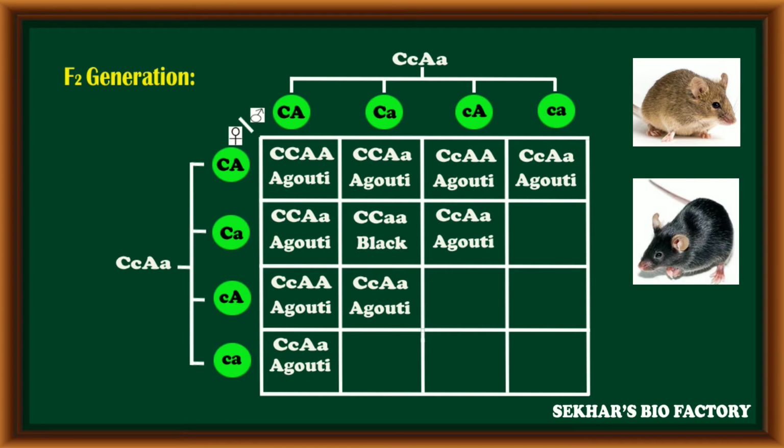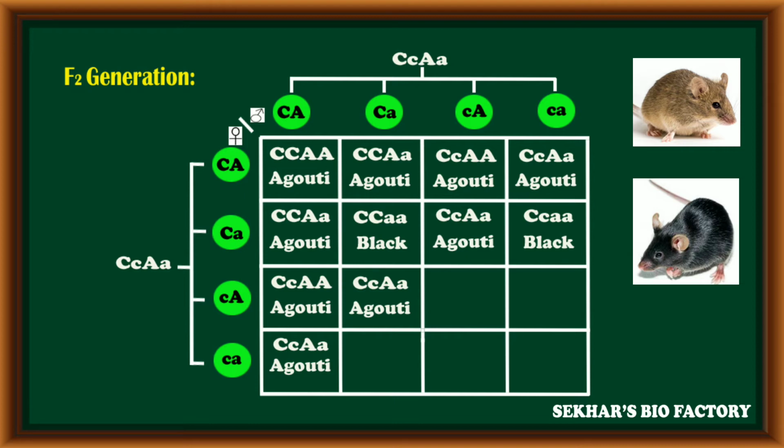The next combination has the first gene in homozygous condition and the second gene in homozygous recessive condition. Here the supplementary gene never influences, so capital C in homozygous dominant condition is expressed, and this combination becomes a black coat mouse. The next combination, capital C, small a, small a.